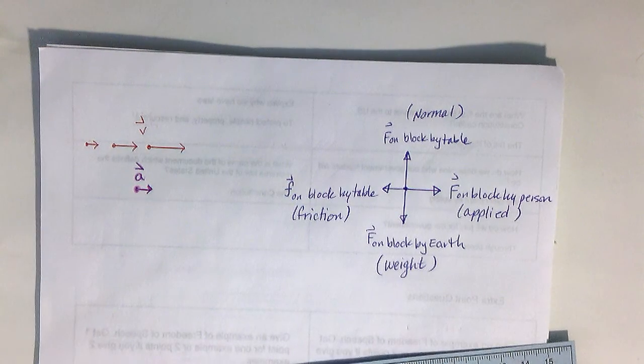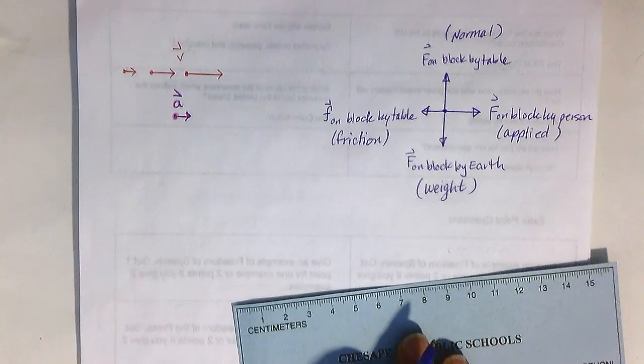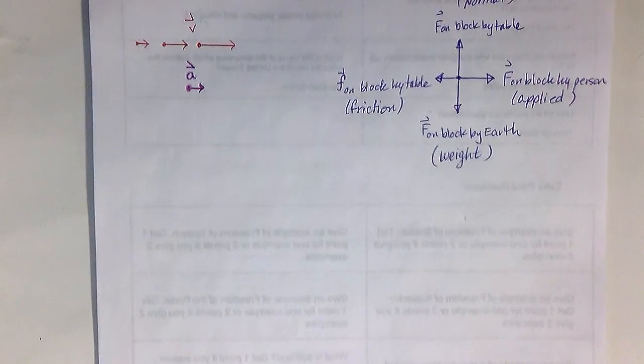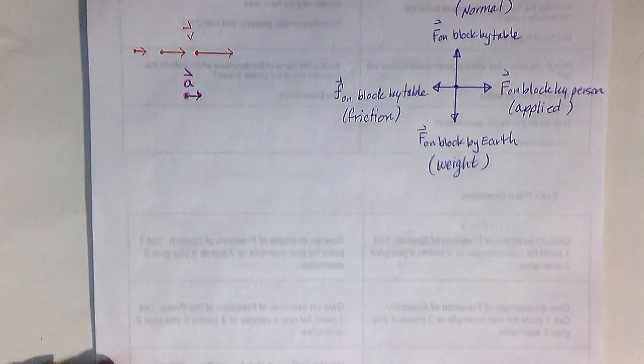Okay, so now we're ready to sum the forces. Here's the thing though, can we add these forces together numerically? No, we can't. We have some going east and west and we have some going north and south. We can only add i hats with i hats and j hats with j hats. That means that we have to separate the equation just like we did for projectile motion.